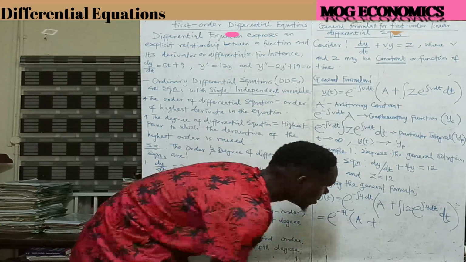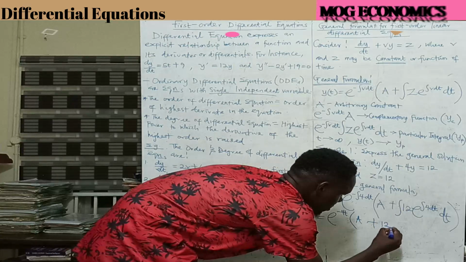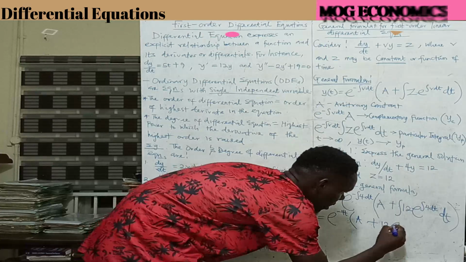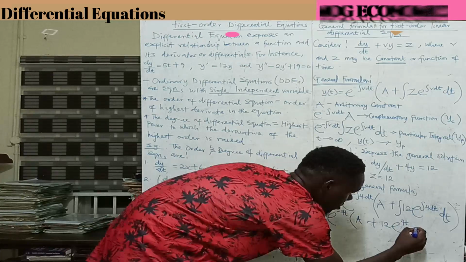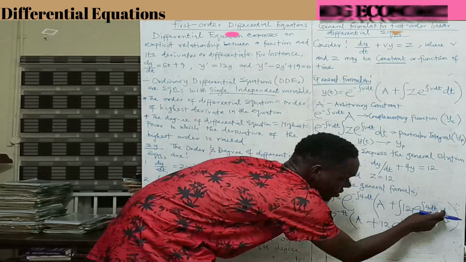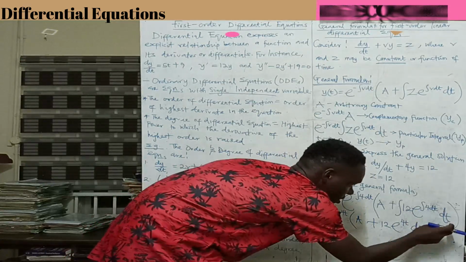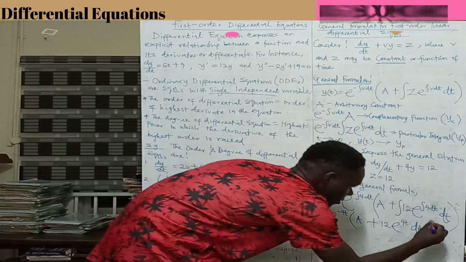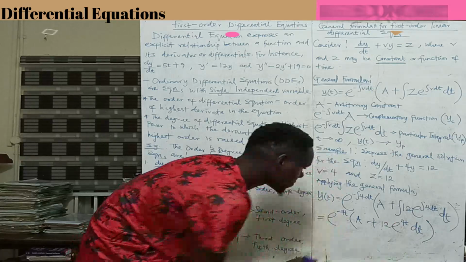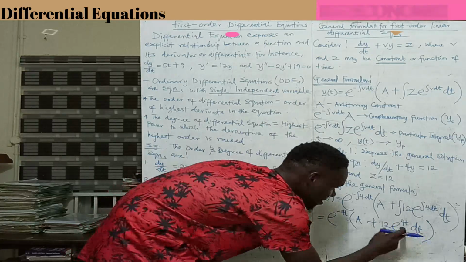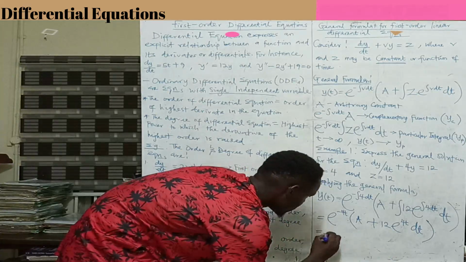Then here again we have 4t, then we will still retain this. This is already integrated, so this goes out of it. Then this applies to the whole of this. So here we are integrating this again.